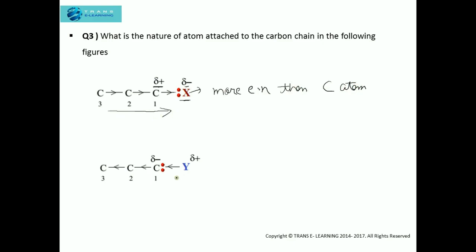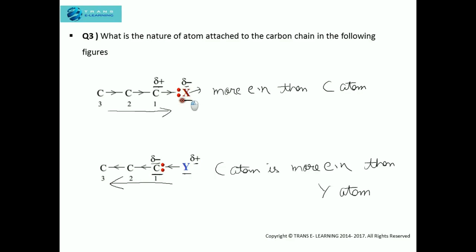And in this case, you can see that the carbon atom develops the partial negative charge, whereas the Y atom develops the partial positive charge. And you can see here that the electrons are drifting towards the carbon chain. So in this case, the carbon atom is more electronegative than this Y atom.